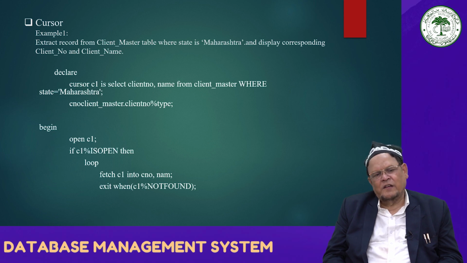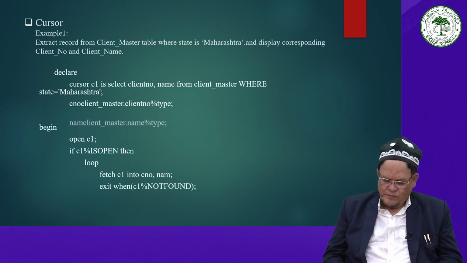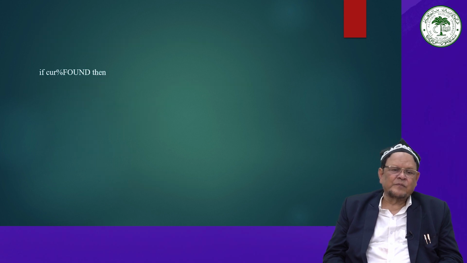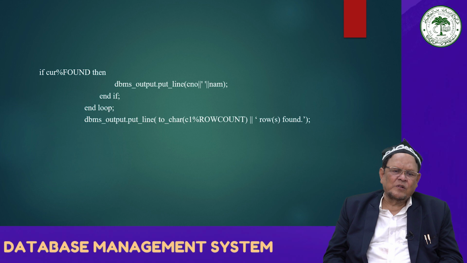You may write this on your computer. You can see it on the screen. If C1%FOUND, then DBMS_OUTPUT.PUT_LINE of Cn is equal to Cname, and end if, and then end loop.